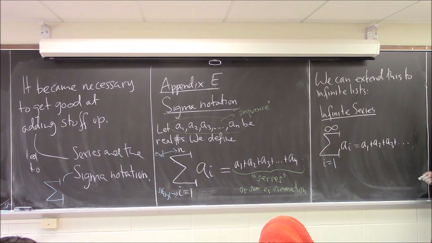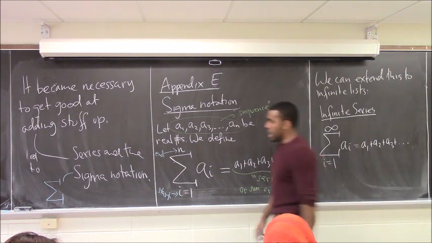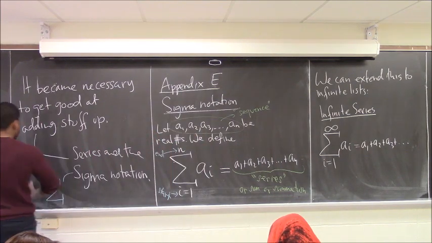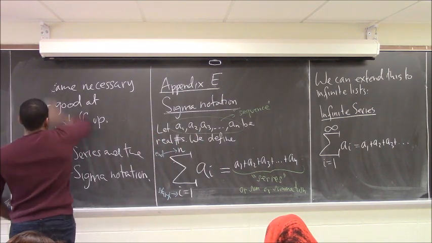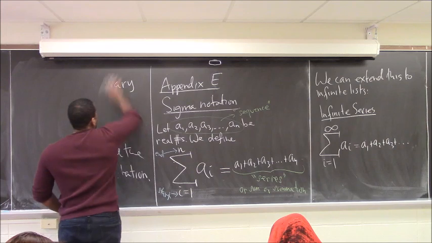It is also possible to add up an infinite number of things and not get a meaningful answer at all. It's also possible to add up an infinite number of things and get infinity or negative infinity. So this is something that does require a very mathematically rigorous theoretical looking at it, because there are times when it will make sense. It will be a finite value, and we'll need to know how to add it up.